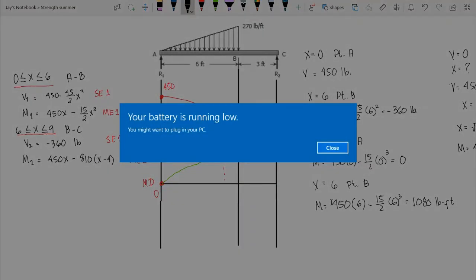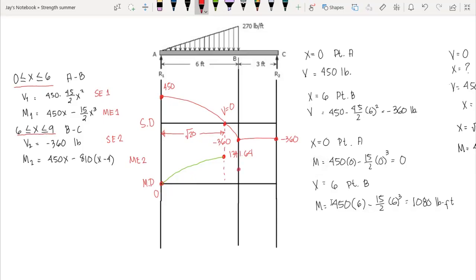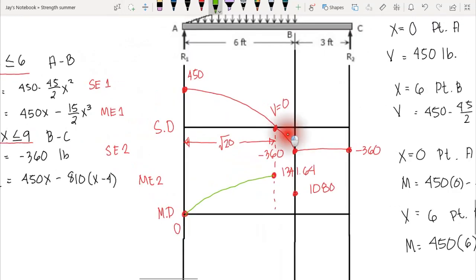So at this point, we have 1080. Again our moment diagram is decreasing, so therefore we have a frowning moment diagram curvature. So we have this way.